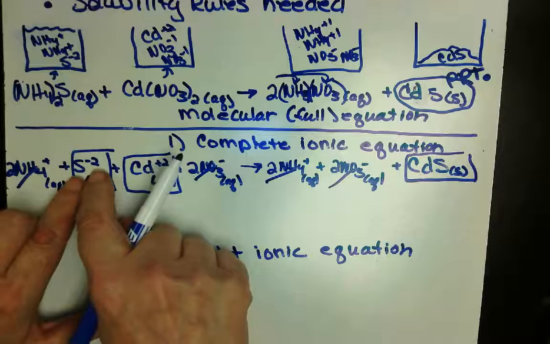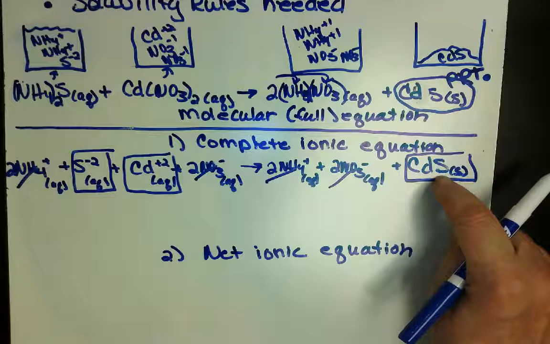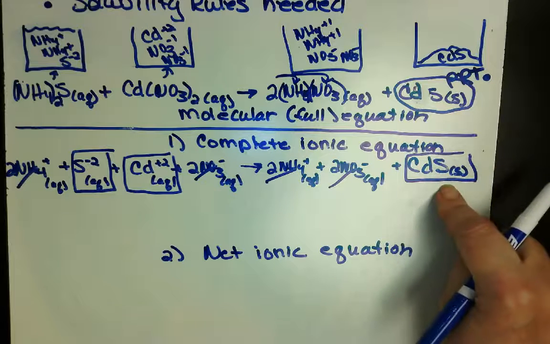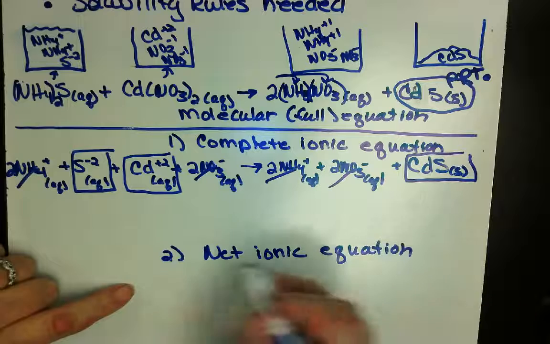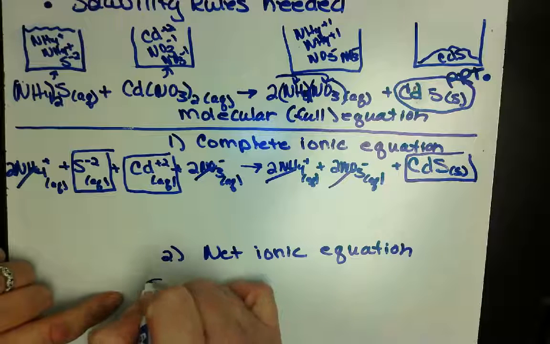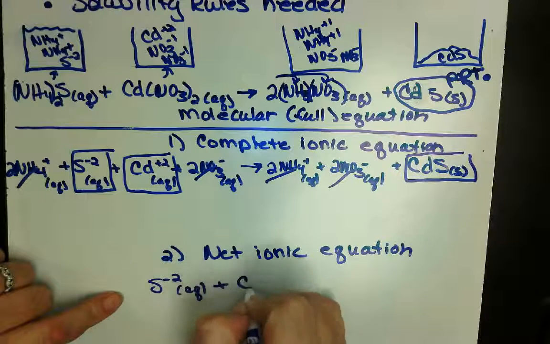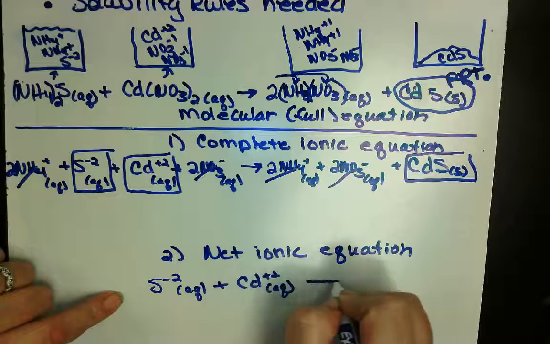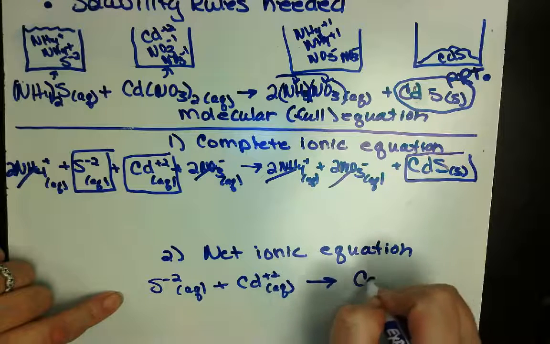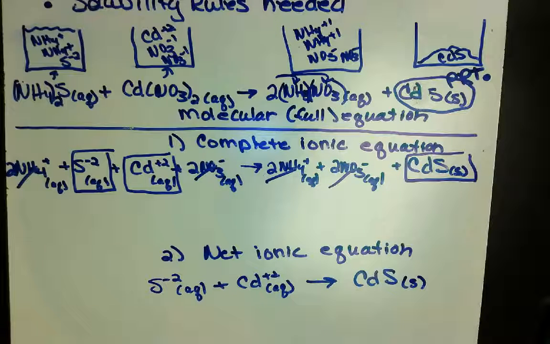This is a sulfide ion, and when I'm done, it's in a compound. It changed. That's our reaction. So you can circle your solid and figure out what made it, and we can write our net ionic equation, which is S minus 2 aqueous plus cadmium plus 2 aqueous gives me cadmium sulfide solid. That's our net ionic equation.